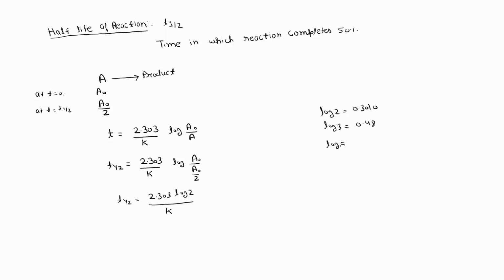Log 5 is 1 minus 0.3010, so 0.699, approx 0.70.